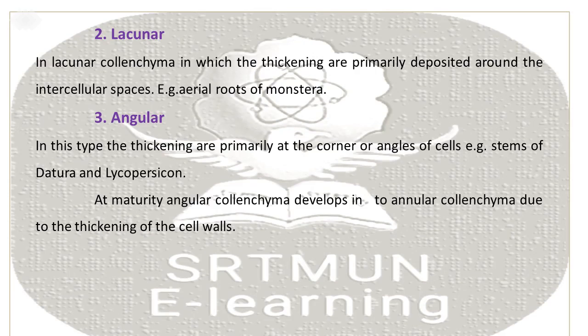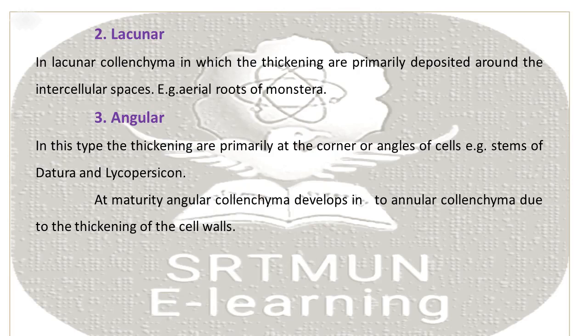Now, second, lacunar. In lacunar Collenchyma, the thickenings are primarily deposited around the intercellular space. Example: earlier root of Monstera. And lastly, angular.